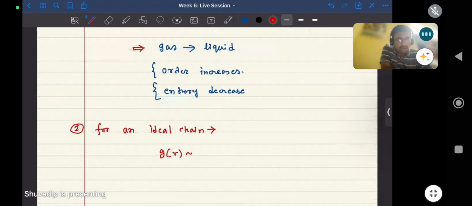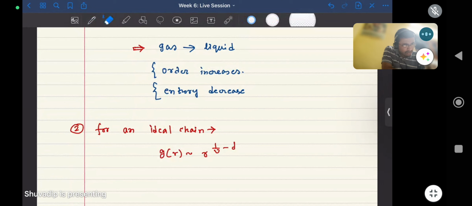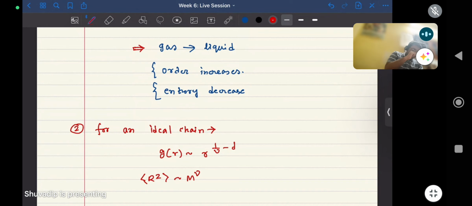You already know this formula, that G of R goes like R to the power 1 by nu minus d, where nu is the same exponent we have discussed in the module on random walk and other polymers, Flory theory, where the mean square end-to-end distance, or radius of gyration, whatever you like, goes as the number of segments to the power nu.